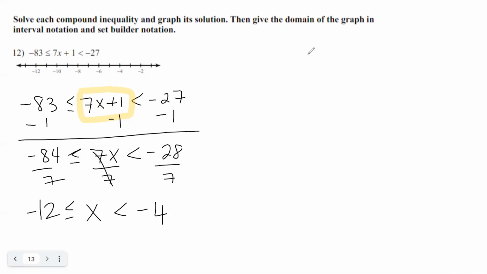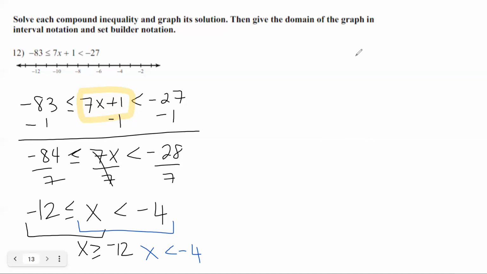Remember, this is an and inequality, so really you can think of it as this being the first one: x is greater than or equal to negative 12. And x is less than negative 4. So you can graph both of those.